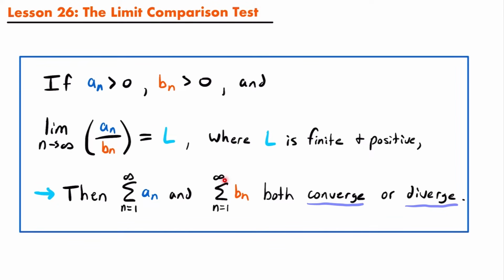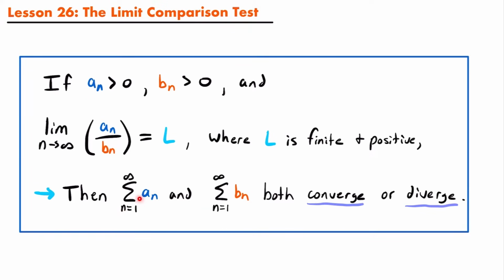And once we have chosen a series to compare to the original, we will take the limit as n approaches infinity of a sub n divided by b sub n. And if we can show that that limit is equal to a finite value, meaning it's not infinity or negative infinity, then we will be able to conclude that our original series has the same convergence as the series that we compared it to.